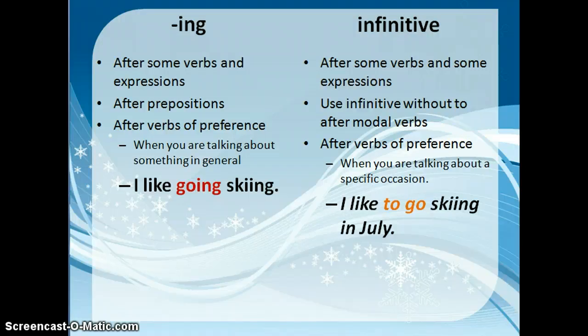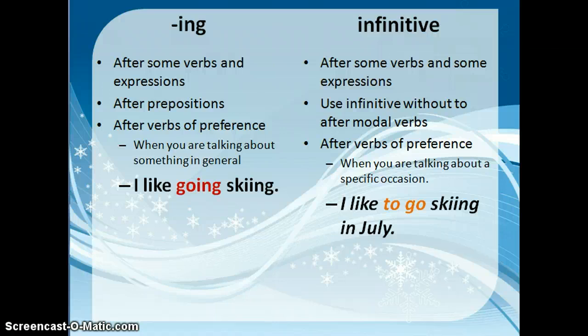Okay, the use of infinitive without to is with modal verbs. For example, can go is not can going or can to go. Another very common mistake is for students to put must with to. Must to go. No, you must go. So with modal verbs, we use the modal verb and the verb in infinitive. We do not put to.